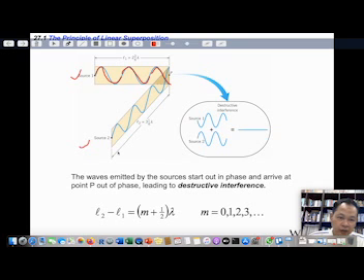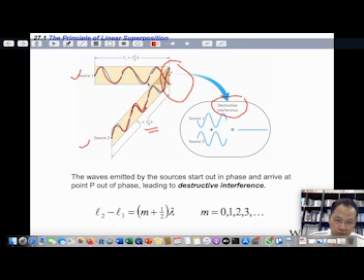And the second one you have the same length, 1, 2, sorry, this is 2, this is 3, and this is 1/4. But you can see here clearly it looks like they cancel each other out. So we call it destructive interference.